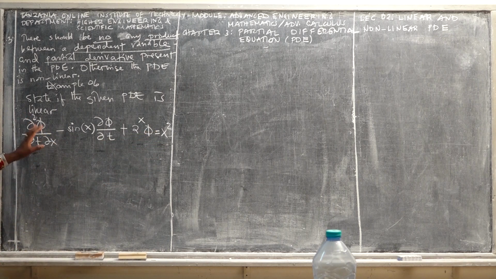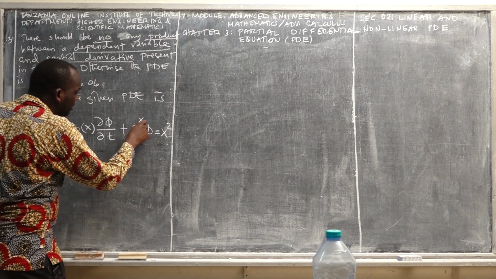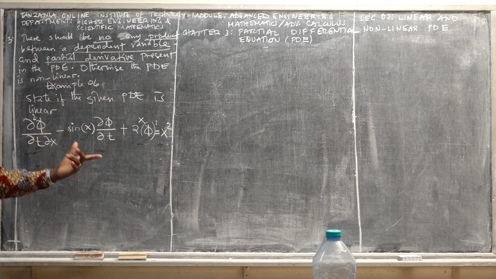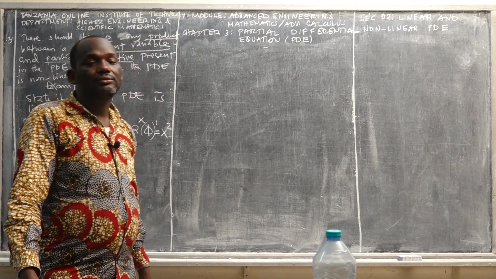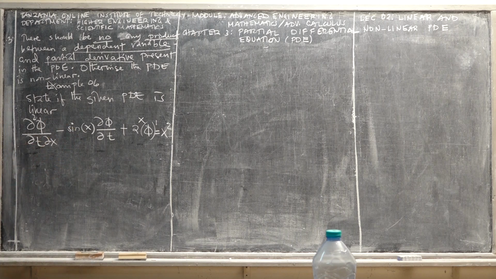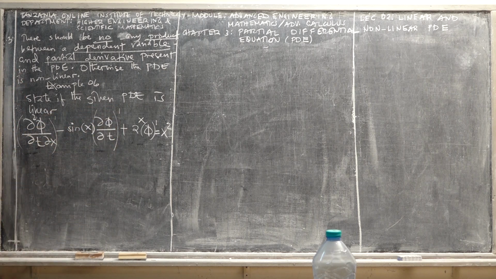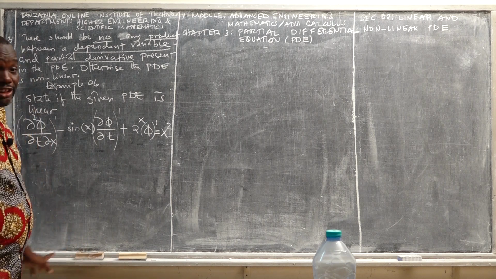And do we have a dependent variable? Yes, psi itself. What is the power of psi? 1. Did it obey the first condition? Yes. We go to the second condition. The power of any partial derivative must be 1. We have this partial derivative, what is the power? 1. We have these partial derivatives, what is the power? 1. Did it obey the second condition? Yes. Now the third one.